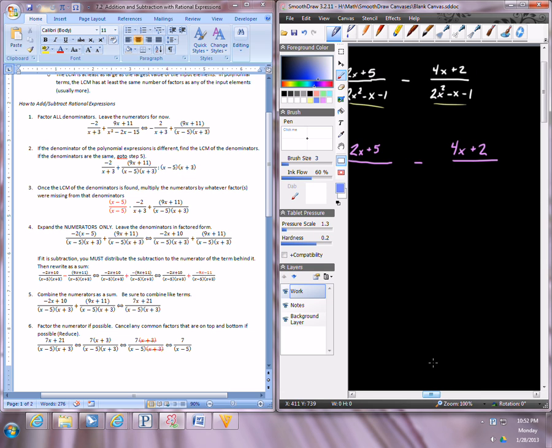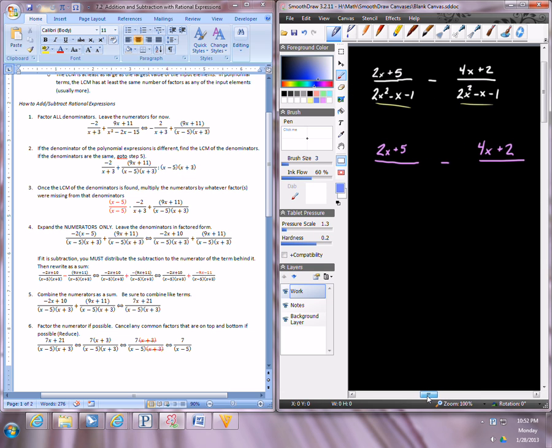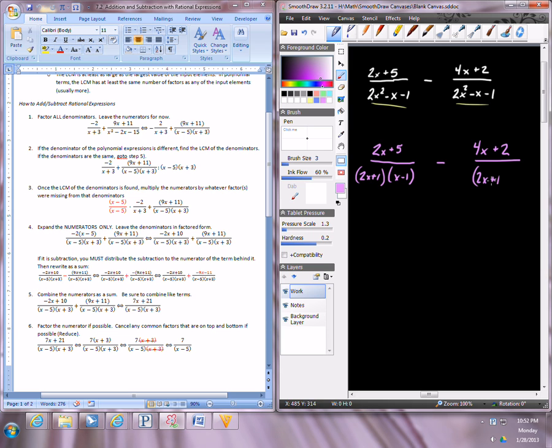So I come back over here, and my factors underneath are 2x plus 1 and x minus 1. Now that I have the same denominators, just like in fractions, in order to add or subtract fractions, you have to have identical denominators. I do.